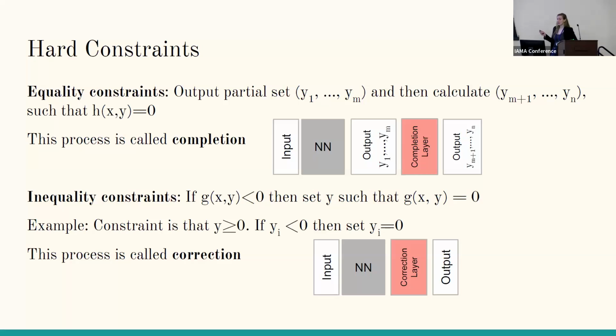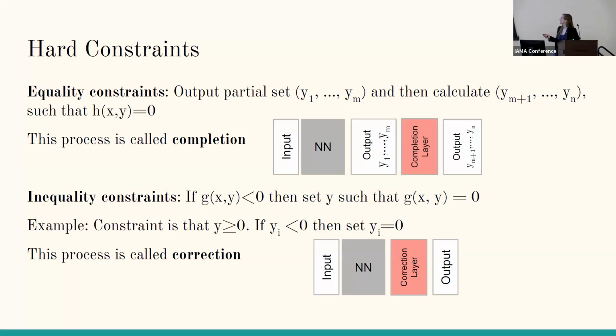The one we call completion, which predicts a partial set of the target variables, and then in the final step readjusts the leftover set such that the constraints are met. For an arbitrary constraint, that's maybe not possible, but for the case we're having here with linear constraints, that's pretty straightforward.